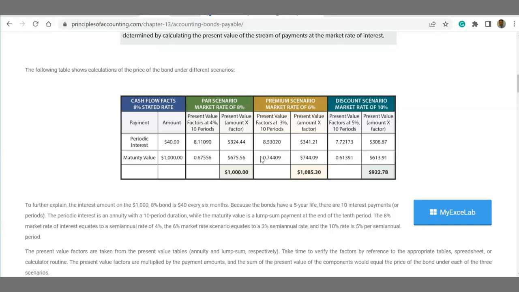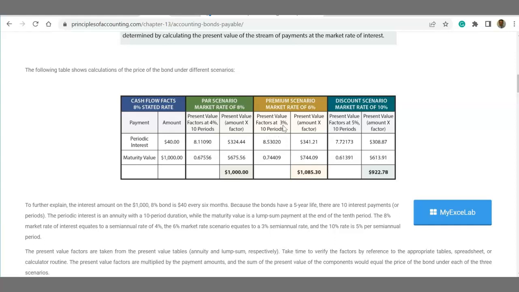However, here, let's say the market interest rate is 6% instead of 8%. So every 6 months, 6% divided by 2 will be 3%. So you're going to look at the 3% present value table for annuity to get 8.5320.